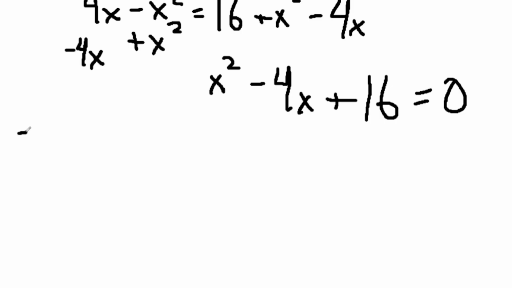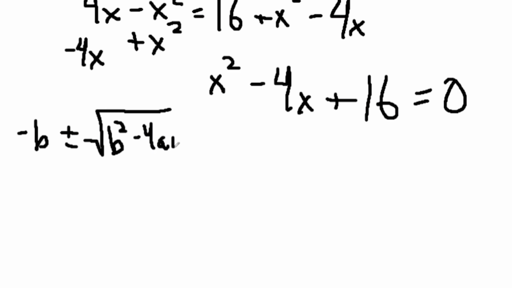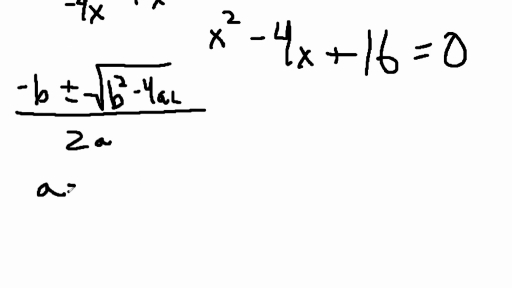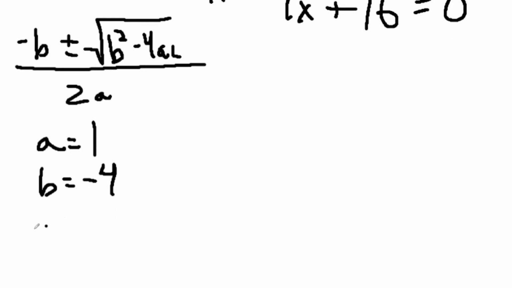The quadratic formula is minus b plus or minus the root of b squared minus 4ac over 2a. A is equal to 1 in this case, b is equal to negative 4, and c is equal to 16.